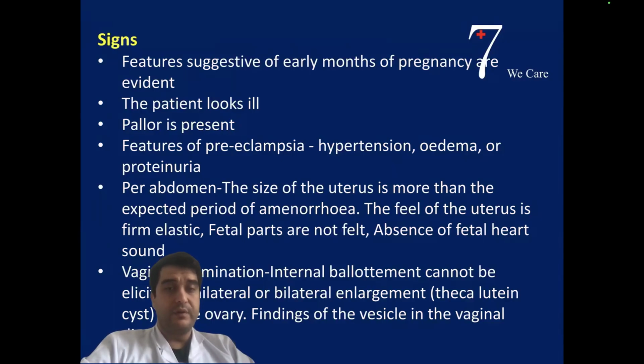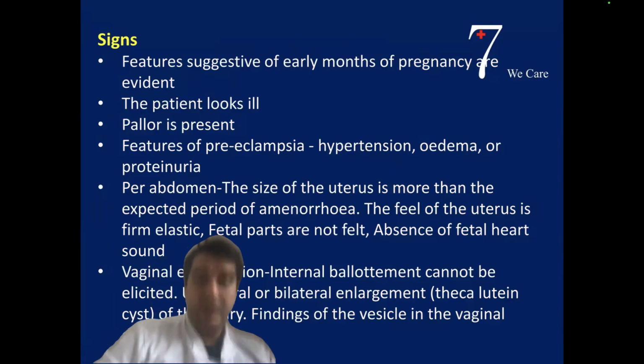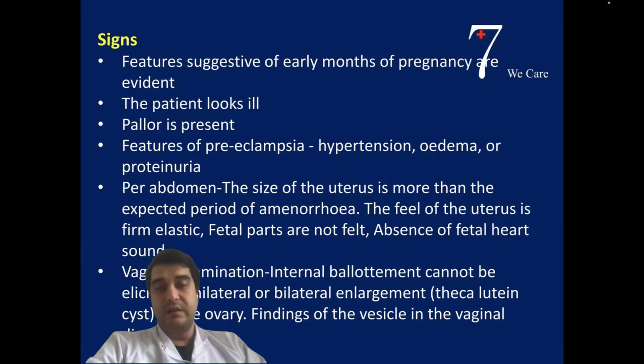Per abdomen, the size of the uterus is more than the expected period of amenorrhea. The uterus feels firm and elastic. Fetal parts are not felt. Fetal heart sound is absent. On vaginal examination, internal ballottement cannot be elicited, with unilateral or bilateral enlargement.